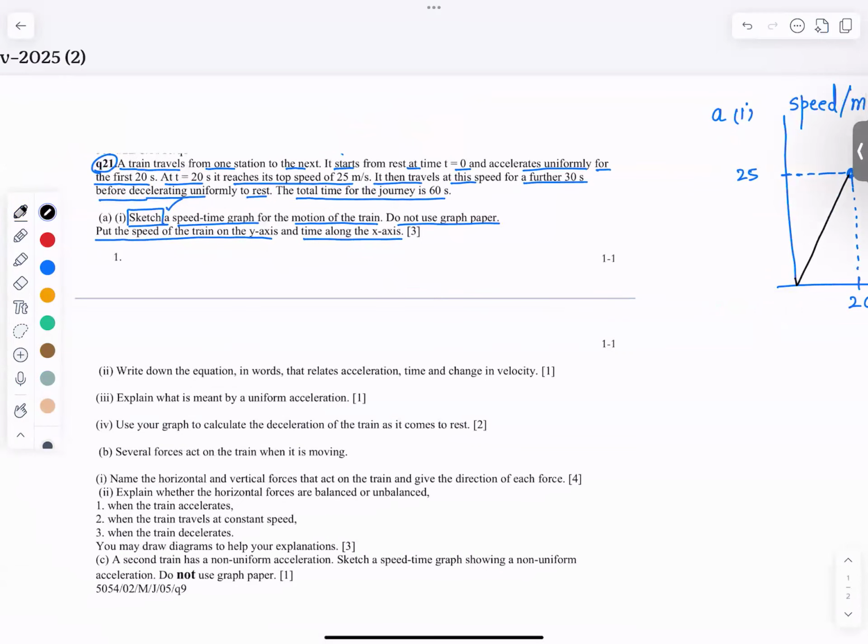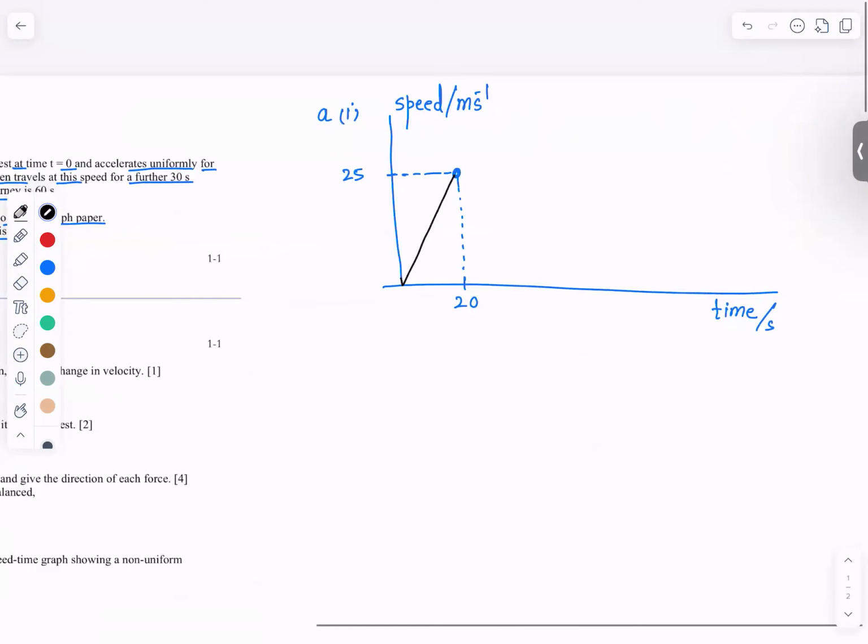Then they are saying that this 25 meters per second is the highest speed, and it travels at this speed for a further 30 seconds. So 20 plus 30, it's 50. From 20 to 50, for a further 30 seconds, the train maintains this speed.